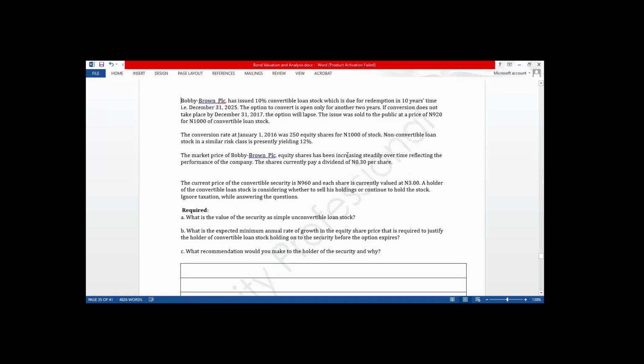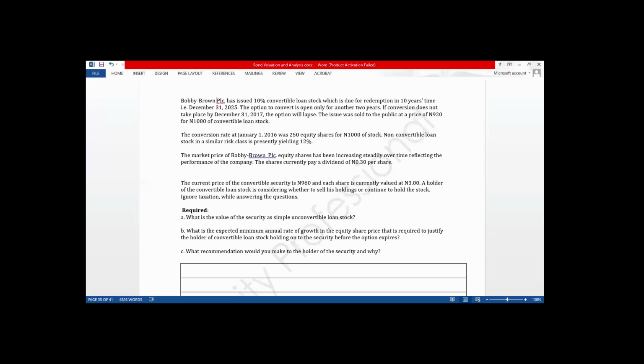Let's go to the question together. Bobby Brown PSC has issued 10% convertible loan stock, which is due for redemption in 10 years' time, i.e., 31st December 2025.